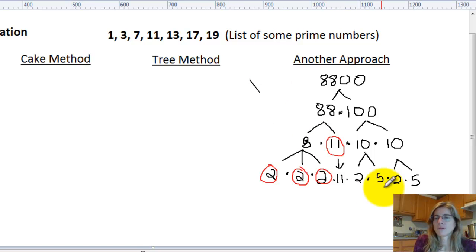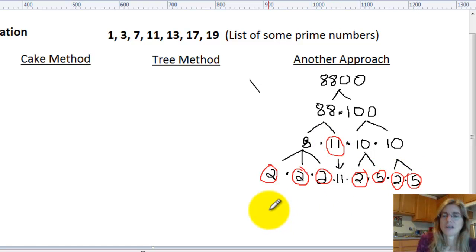Even if you didn't pull that down, if you circle all your prime factors as you go, you will have gotten 2 times 2 times 2 times 11 times 2 times 5 times 2 times 5. Well, that is a lot of 2's. So let's put them all in, now let's keep it red. 2 times 2 times 2, I'm putting these 3 2's.